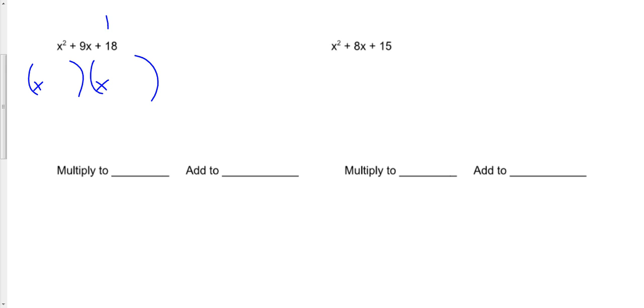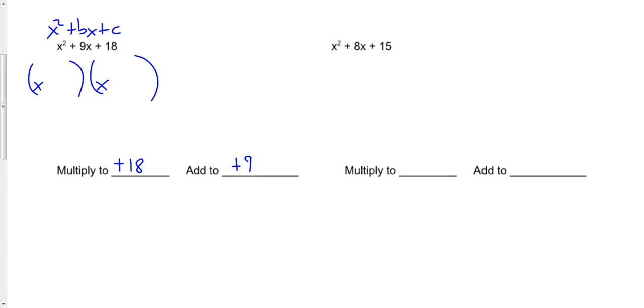This is x squared plus bx plus c. So they need to multiply to positive 18, and they need to add together to be positive 9.